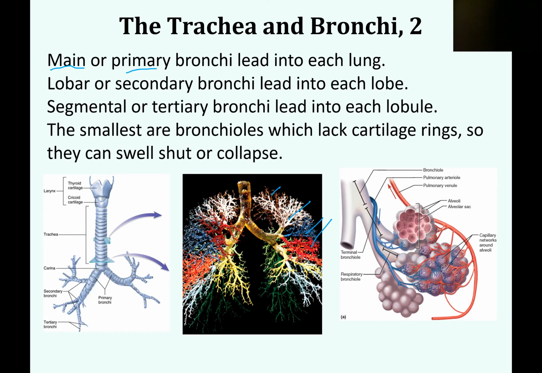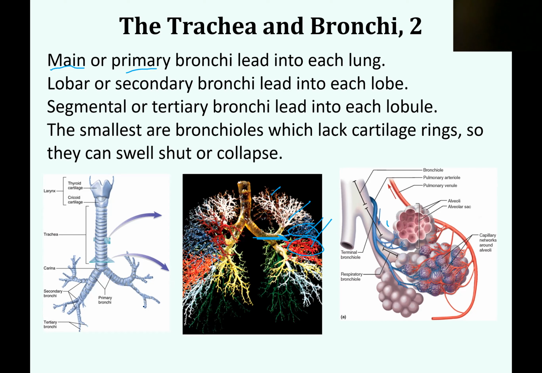So each lobe has a different color. So that would be the secondary bronchus, and these would be a set of tertiary, and so they come in different sizes. The smallest ones are the bronchioles, and you don't see that in this colored picture.